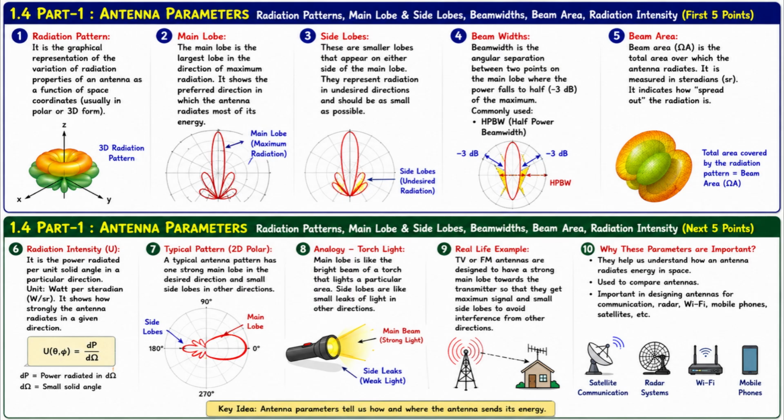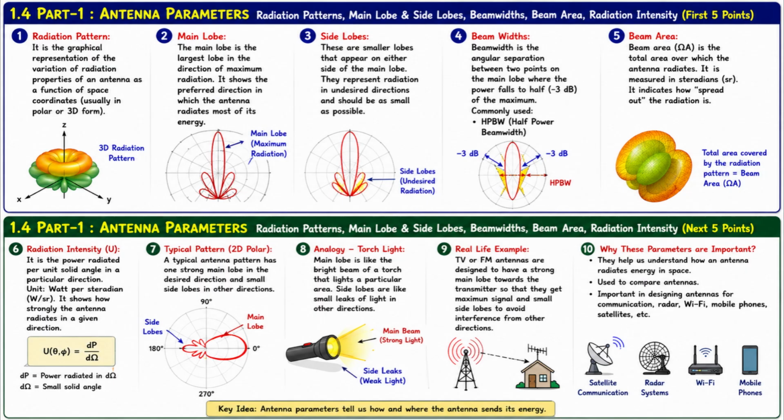Please see. Beam width means the angular width of the main beam. A narrow beam width gives focused signal like a spotlight, like a laser beam. That you should remember. What is beam area? Beam area is the total angular space covered by the antenna radiation beam.